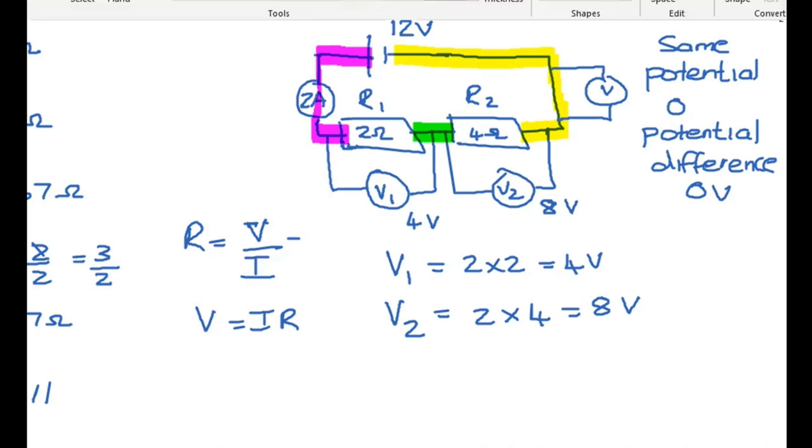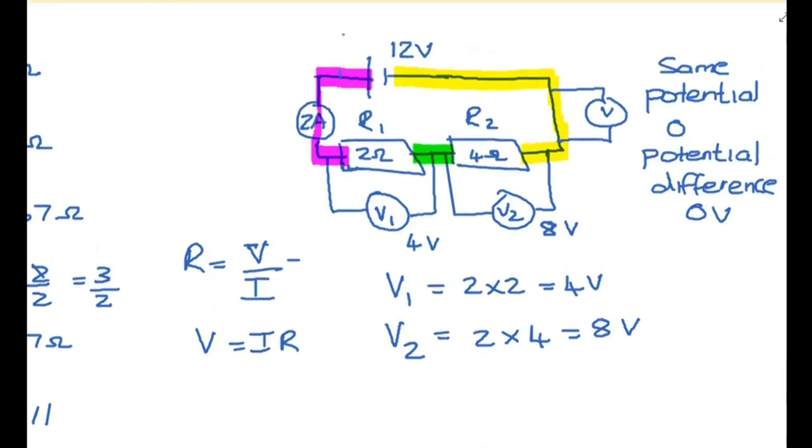So if I go back to my original battery, my battery provided energy, and we said it was 12 volts. Eventually I got it right. 12 volts, which was between a potential of 12 and a potential of one side of pink, sorry, and the other side of yellow.